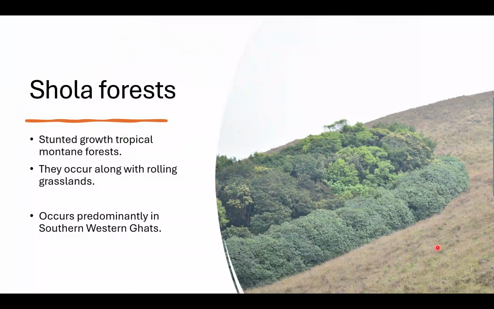If you have gone to places such as Coorg, or in Kerala, Nilgiris, or even in Valparai plateaus, these areas have some nice shola patches that you get to see.